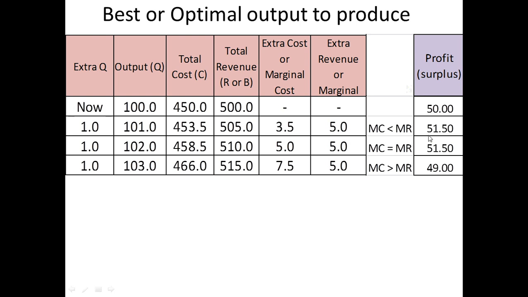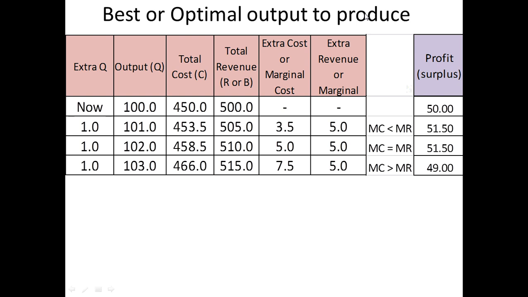The first profit is 50, and then profit increases, and then profit tends to stay still. After that, profit drops down. So what quantity of output do I decide to produce? The best or the optimal output that I decide to produce.